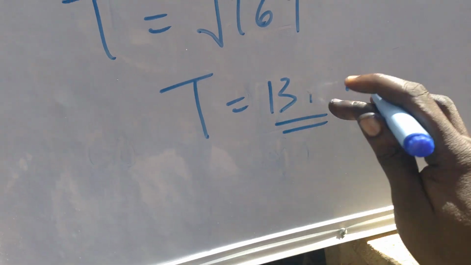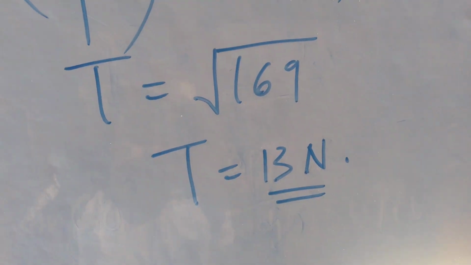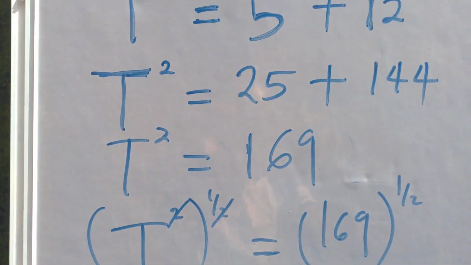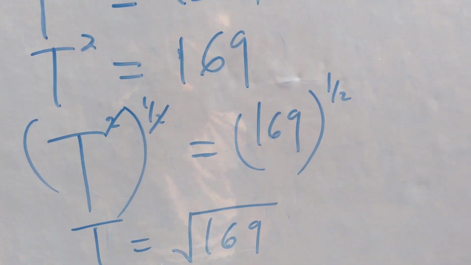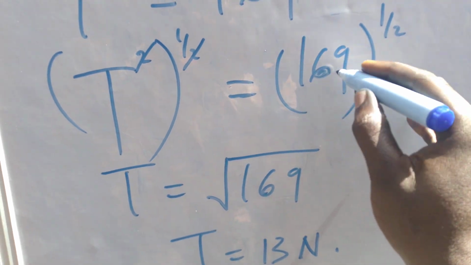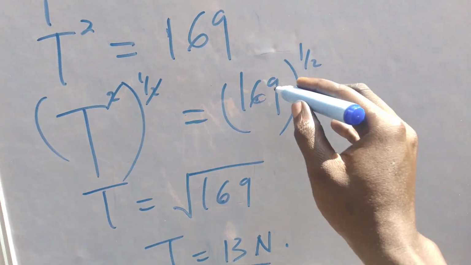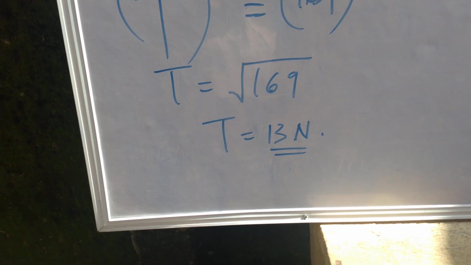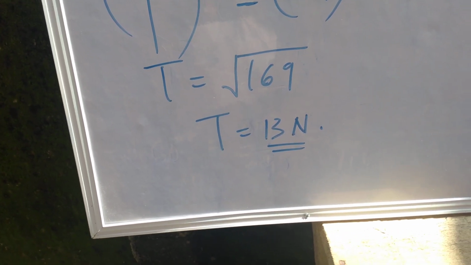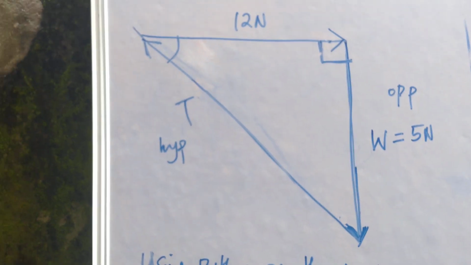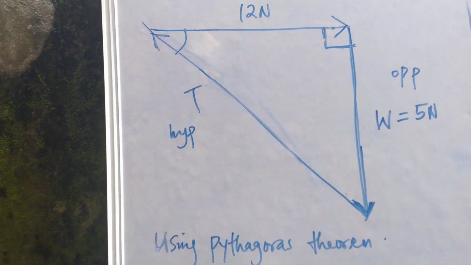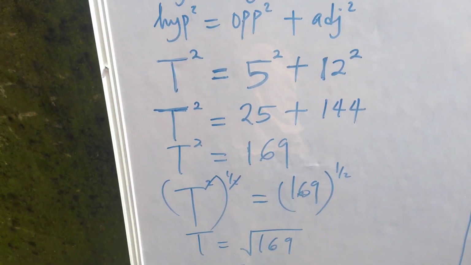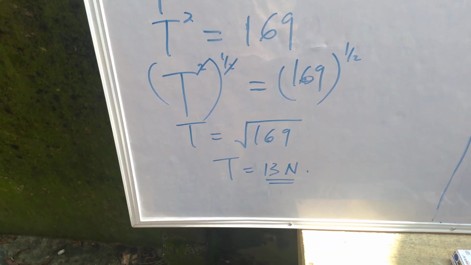Okay, so take note of the square root of both sides, and we finally had that T is 13 Newton. That's the tension force. So take note, we got the tension using Pythagoras theorem, and we had it as 13 Newton.